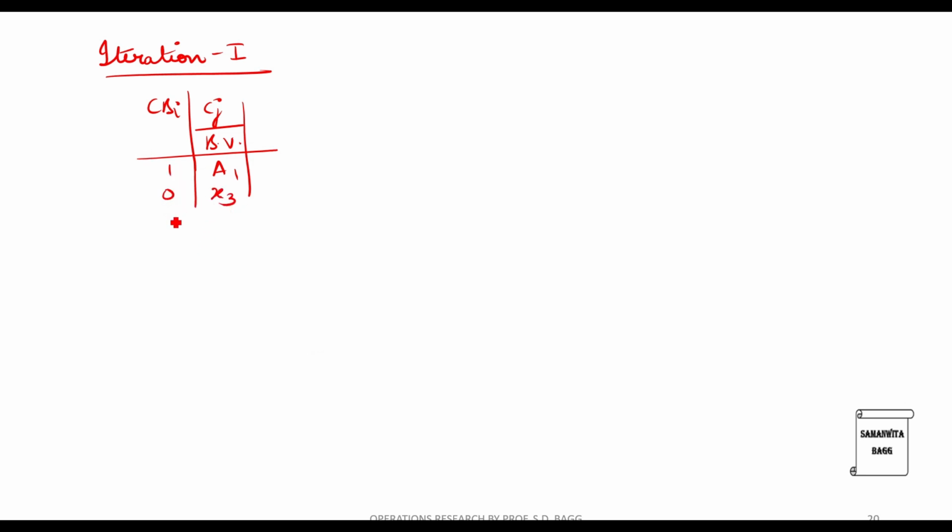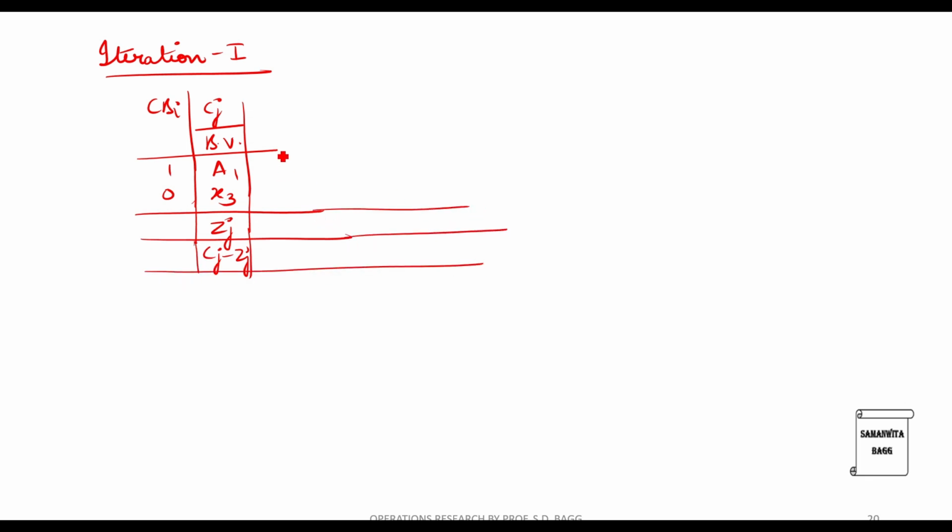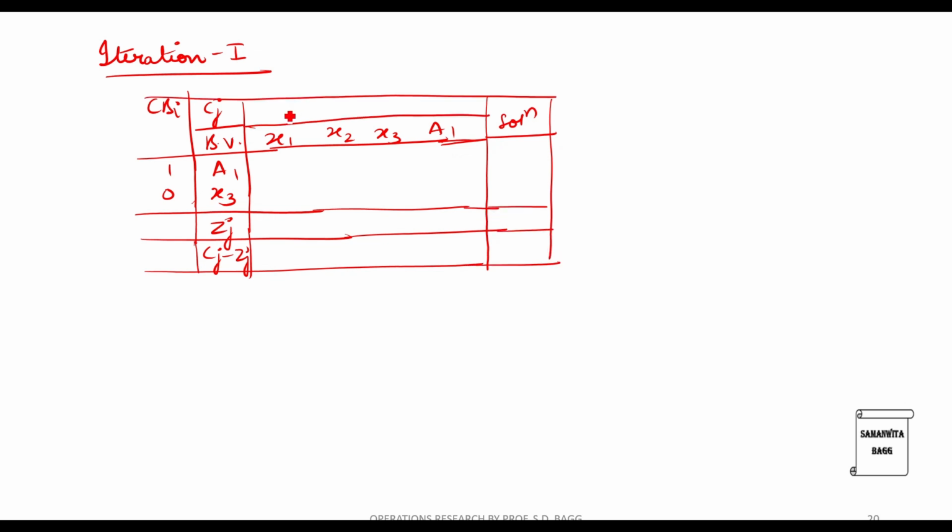This is 0 and this is 1 in the equation of w. Here we have x1, x2, x3 and a1. a2 has left the solution. The coefficients of these terms in w is 0 and a1 is 1.